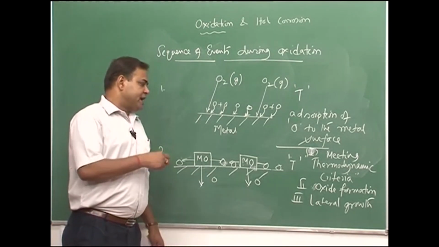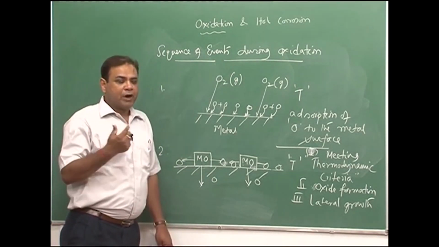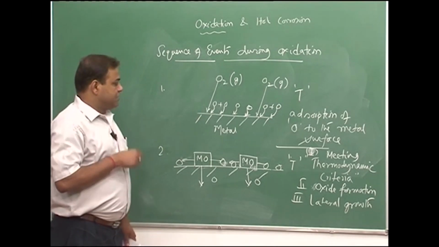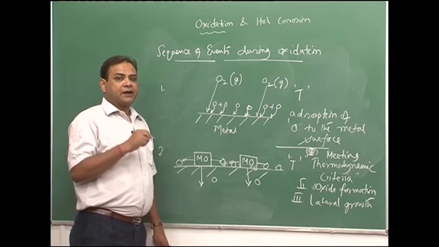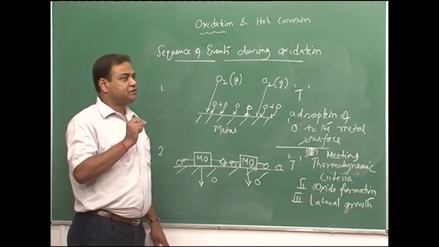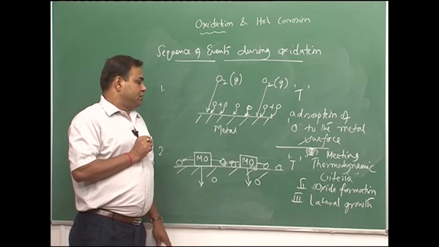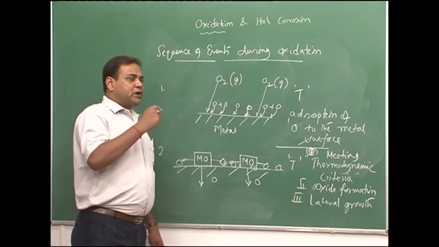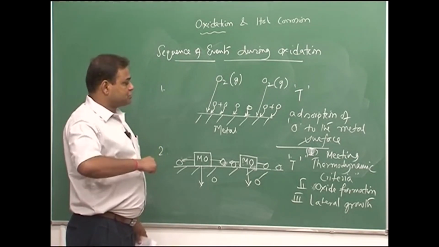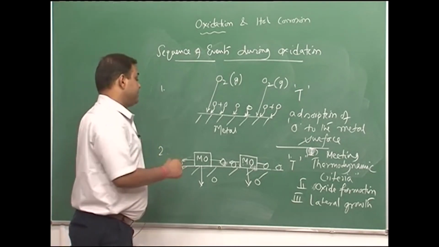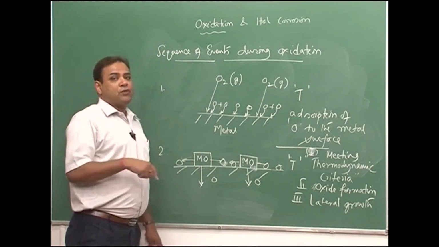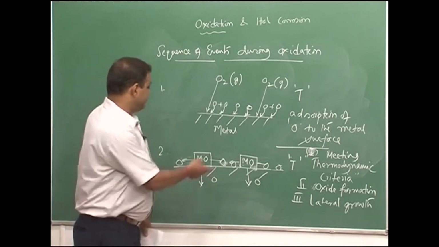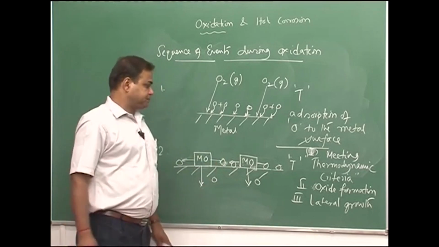So, we can determine what would be the dissolved amount of oxygen in the metal from the phase diagram of that particular metal-oxygen system, and from that we can determine what could be the percentage of dissolved oxygen that can stay in the metal without forming any oxide. So, this will be in the lattice.